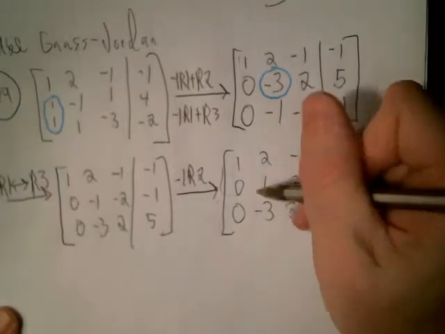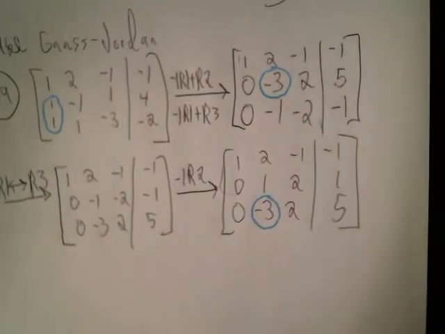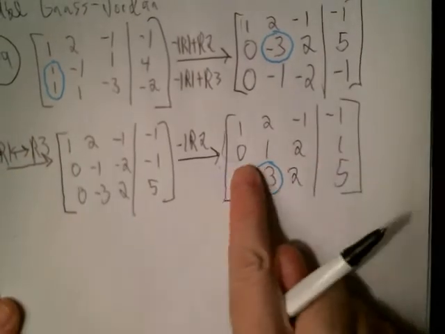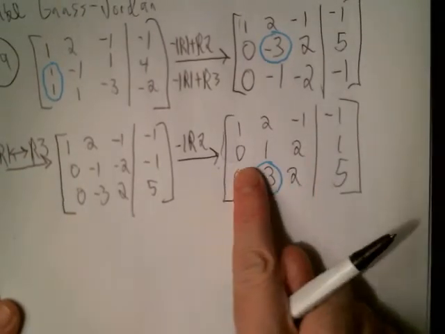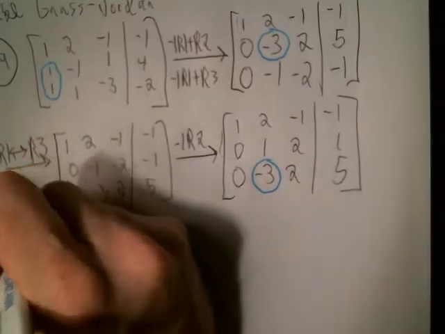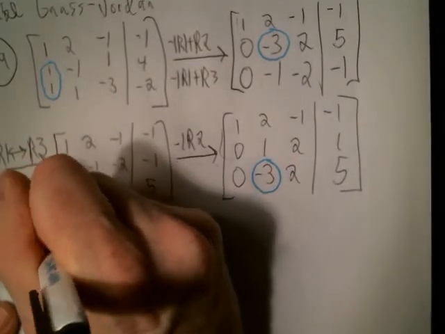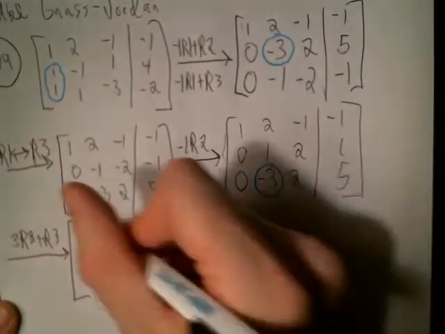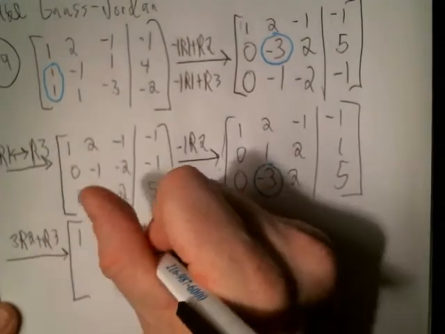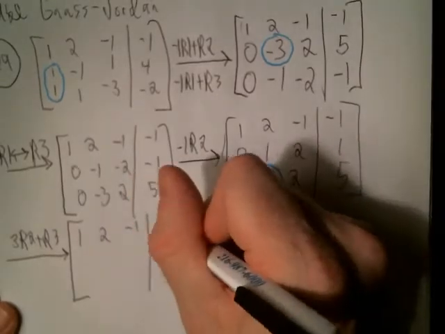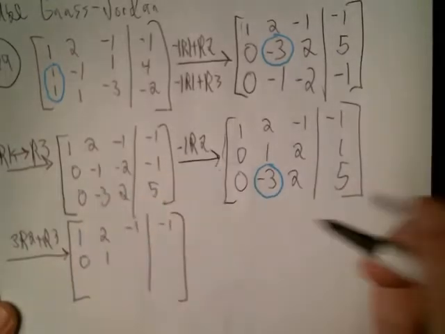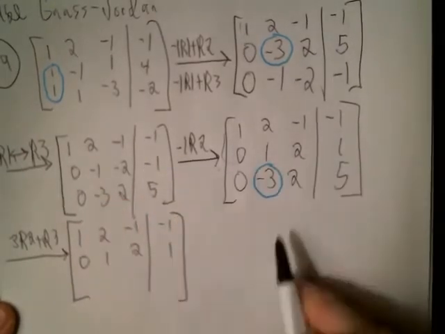Okay, so at this point I want to get a 0 there, so I'll use this new second row with the 1 here, so 3 times row 2 plus row 3. So the first row is staying the same. Second row stays the same. And then the third row.